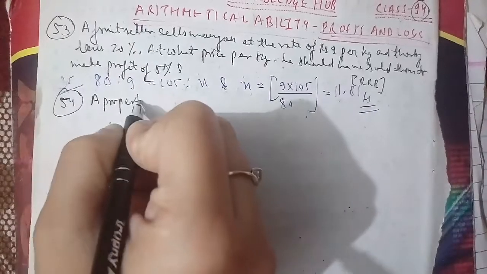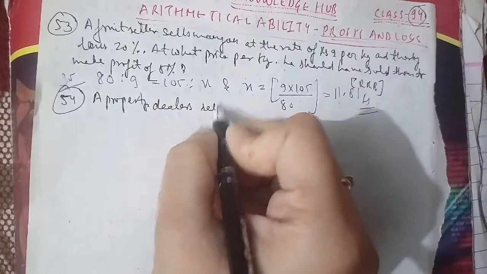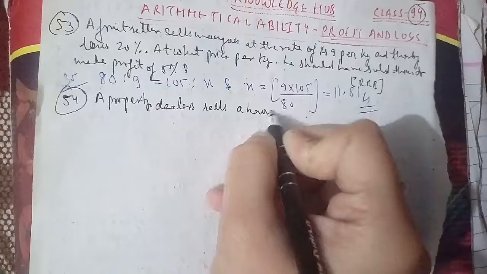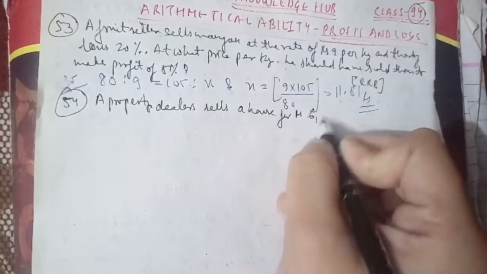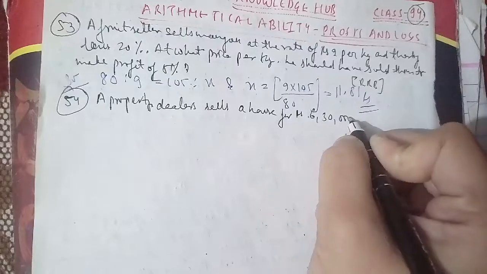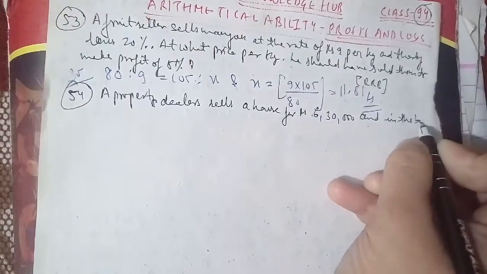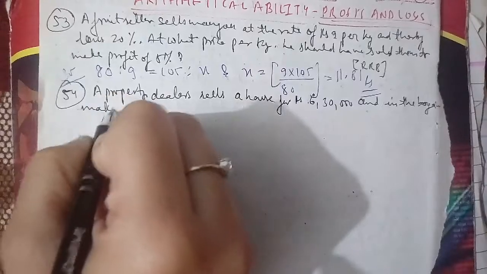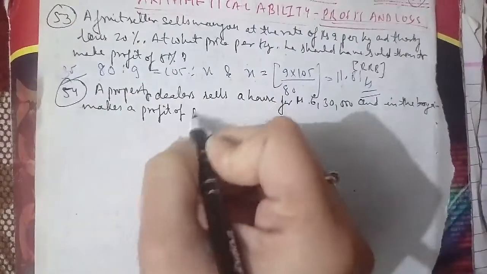A property dealer sells a house for ₹6,30,000 and in the bargain makes a profit of 5%.